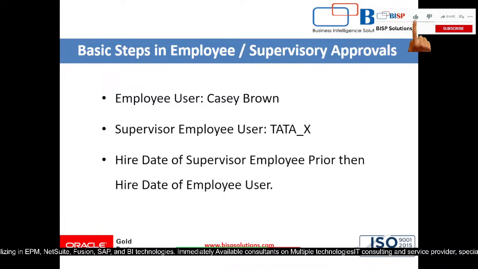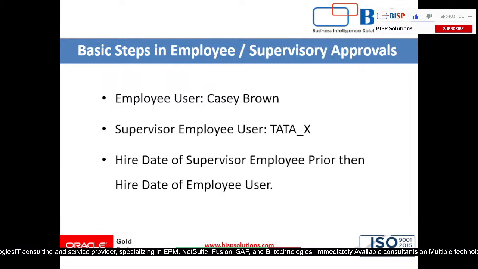So employee is our Casey Brown, we have already created, and the employee has the supervisor, right? The supervisory employee's name is Tata underscore X, right? And the hire date of this Tata underscore X supervisory employee is prior to the hire date of the employee user, because the manager comes first, after that the employee comes, right?